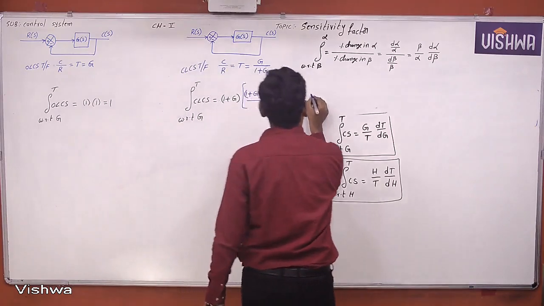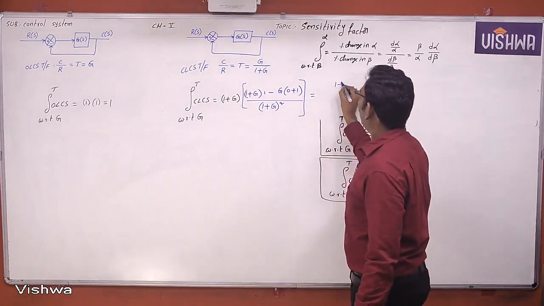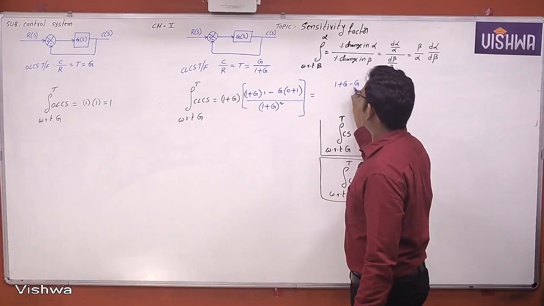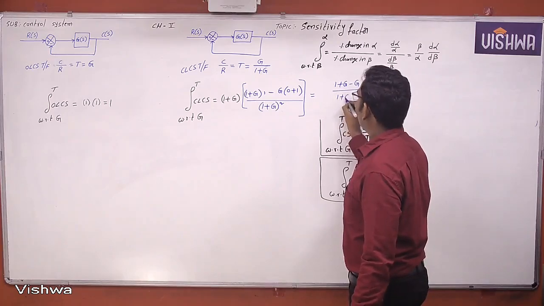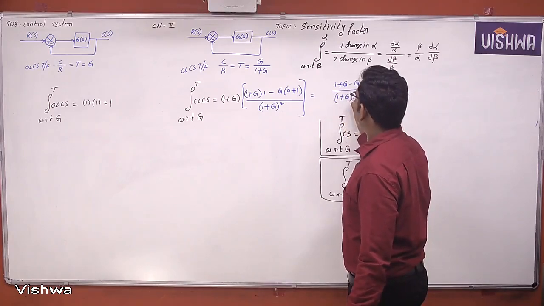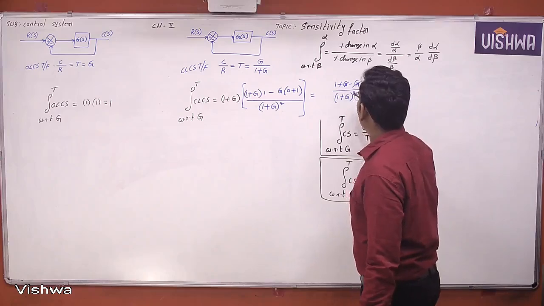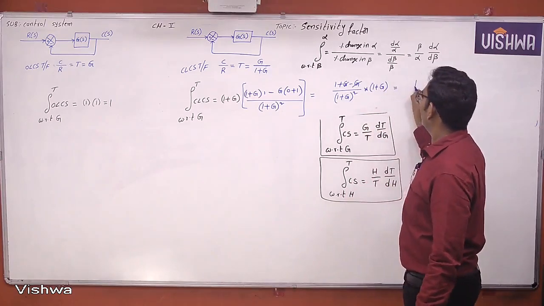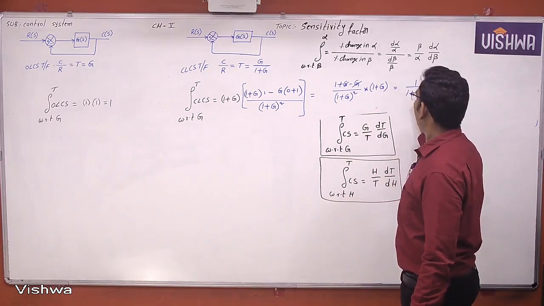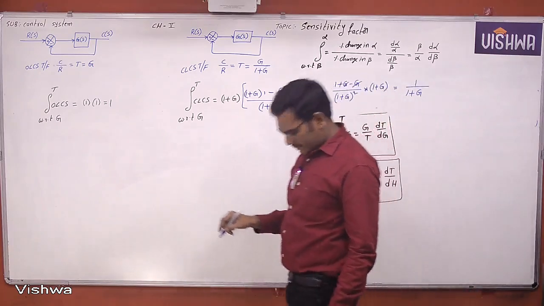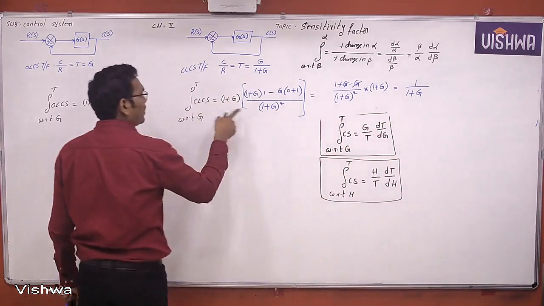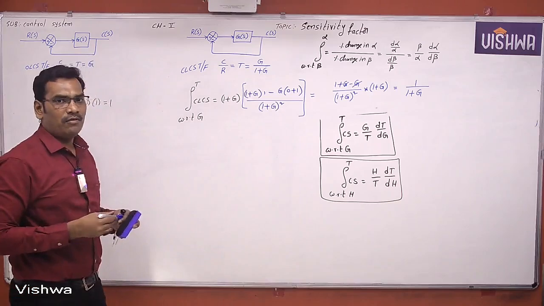Which is 1 plus G minus G by 1 plus G whole square, into 1 plus G. So G cancels, 1 plus G cancels, giving 1 divided by 1 plus G. This is the sensitivity of a closed loop control system with respect to forward path gain.